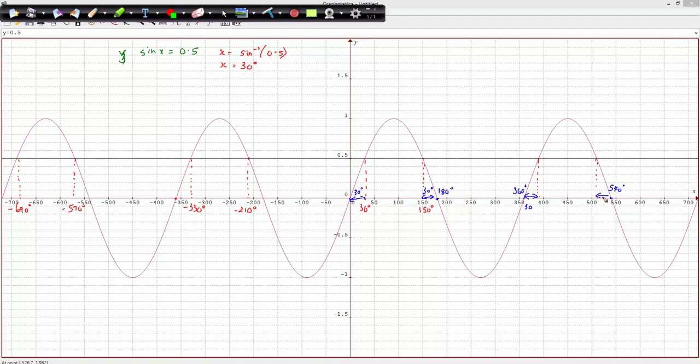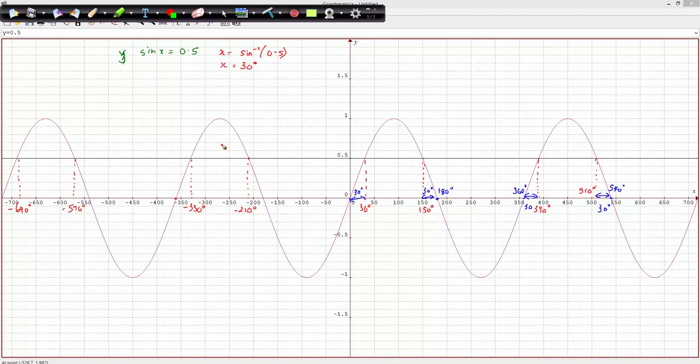So this other solution must be 30 degrees below that. So 390 degrees is a solution, and 540 take away 30 will be 510 degrees.